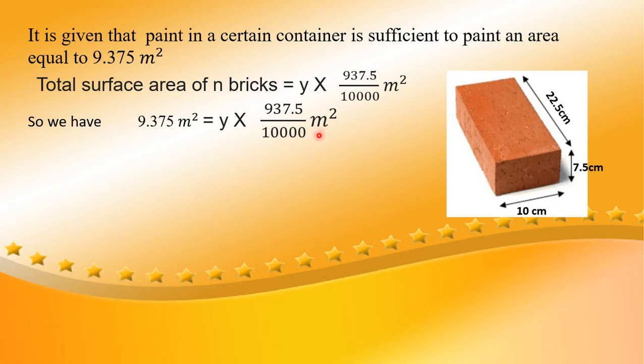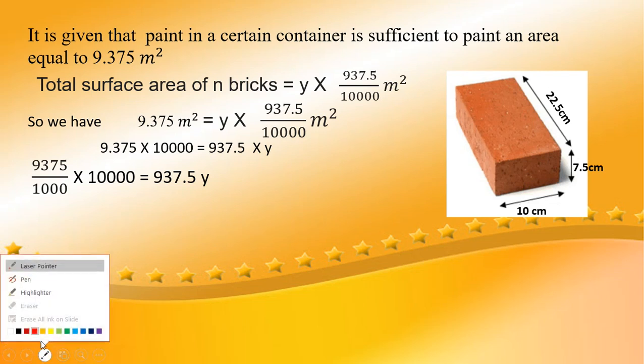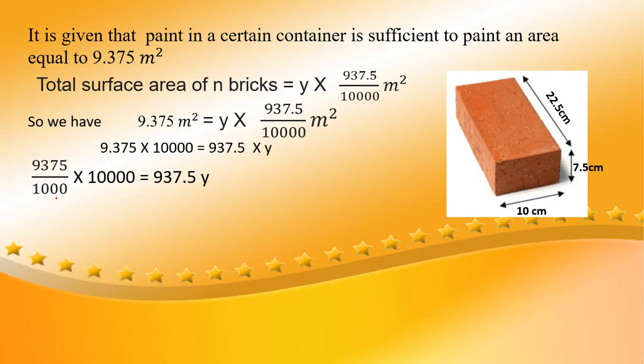Now when we further simplify it, we get 10,000 multiplied by 9.375 is equal to 937.5 Y. So first we remove the decimal. When we remove the decimal, we get 9,375 upon 1000 into 10,000.